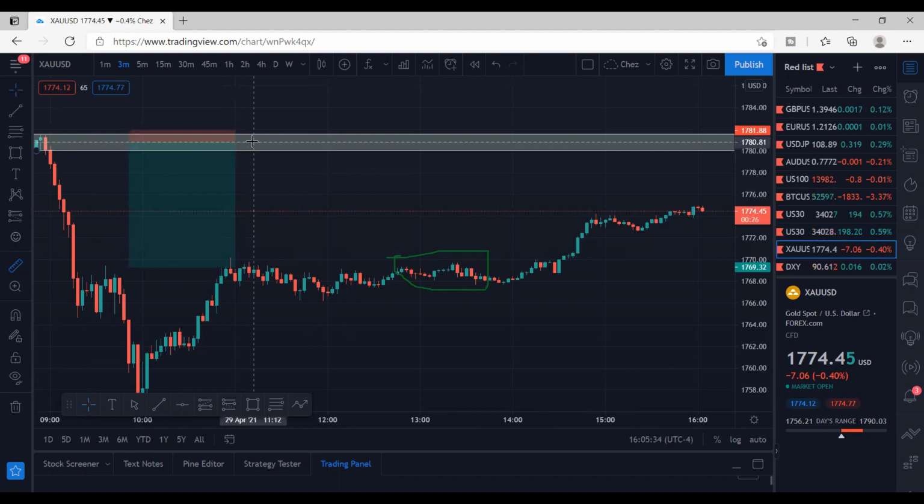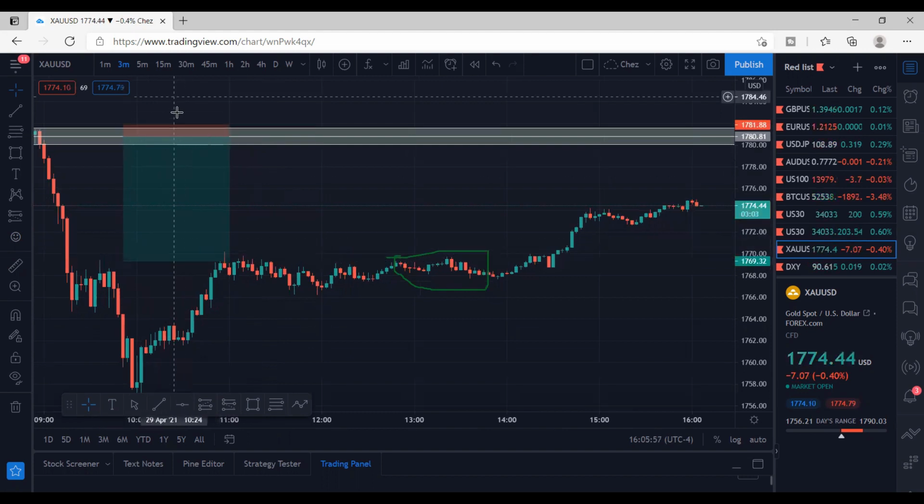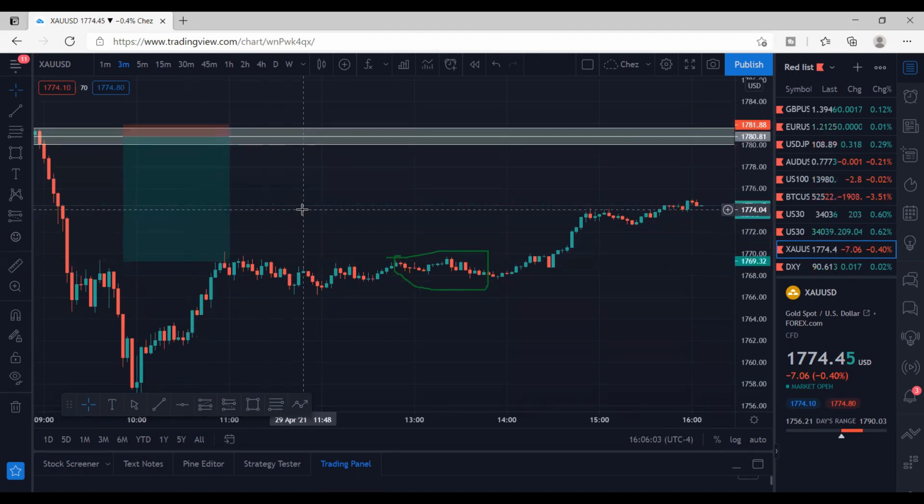This is like 7 pips. I would easily drop 3, 4 standard lots on this right here, risking maybe $300 to potentially make $3,000. Easy and simple like that.